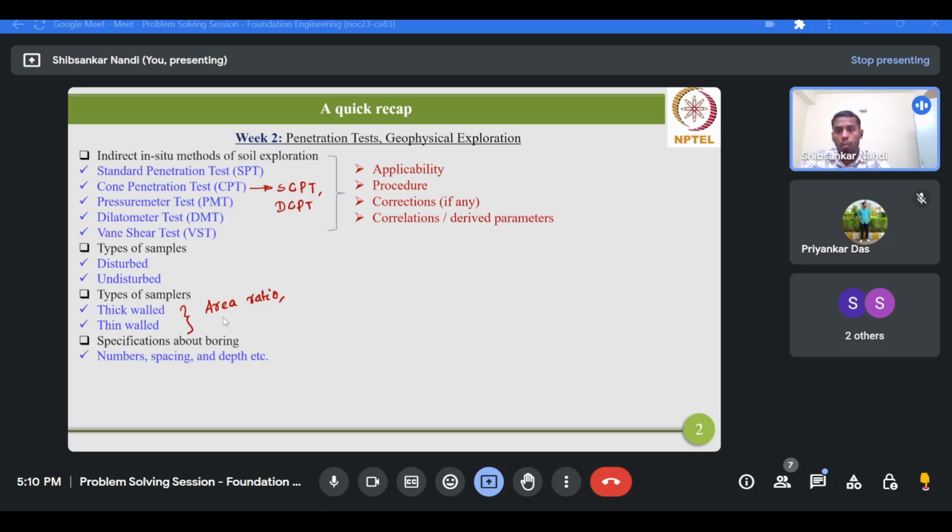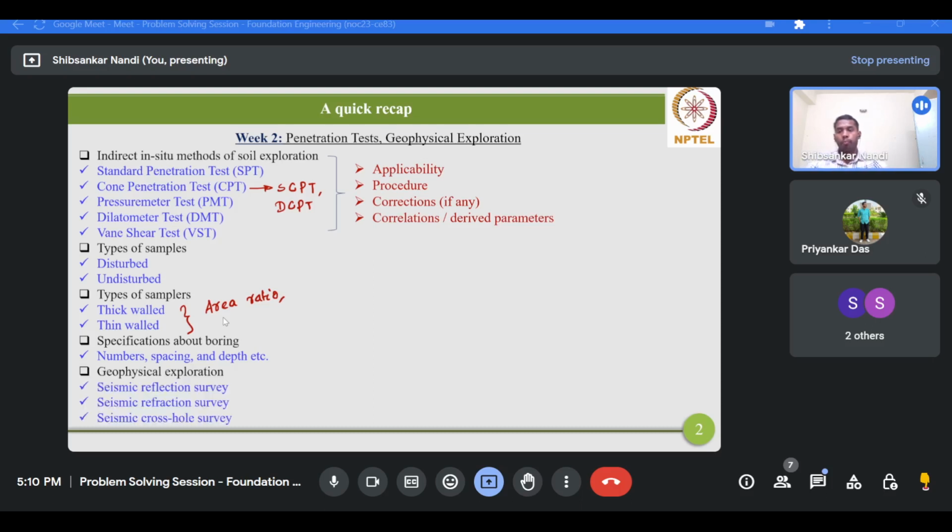So you should know about these concepts, and you should have in-depth knowledge of them. Otherwise you will not be able to do your job in a proper manner. Okay, so these things also we have learned from this week.